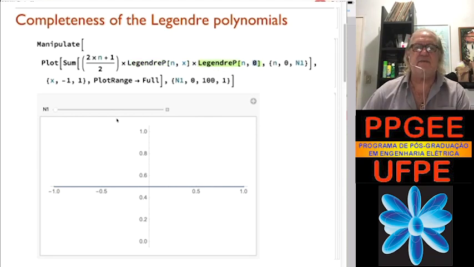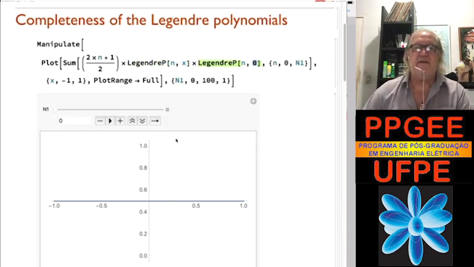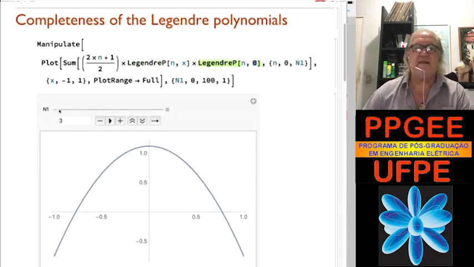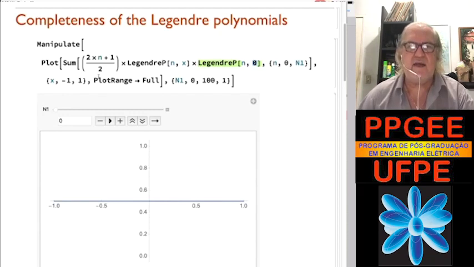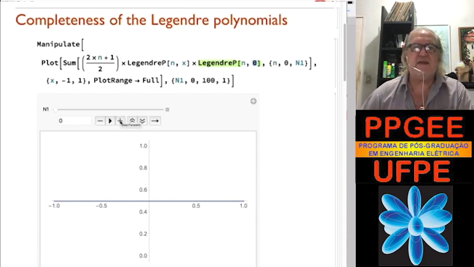So let's do some calculation here. I'm summing, looking at the formula that I just showed you in my lecture notes. So I'm going to increase the number of terms in that completeness relation.